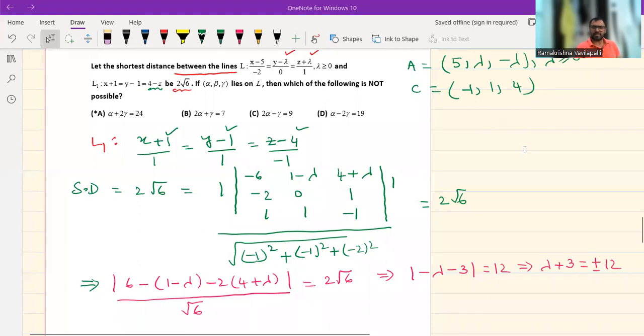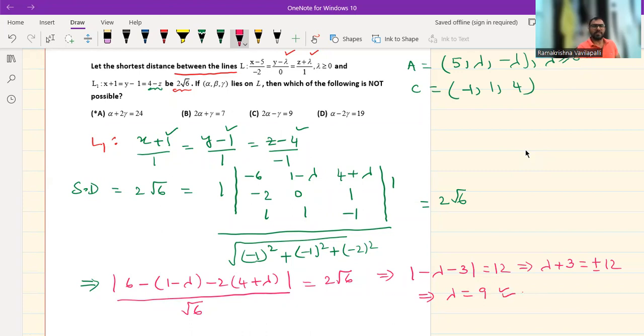So after simplification, we get that lambda plus 3 equal to plus or minus 12. So we need to take only positive value. So therefore 12 minus 3, that's equal to 9. So lambda value is 9.